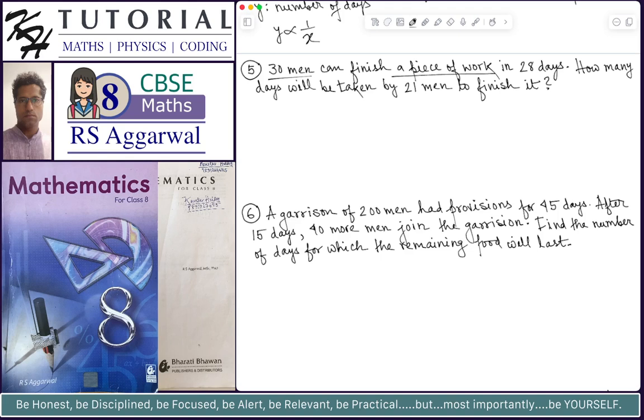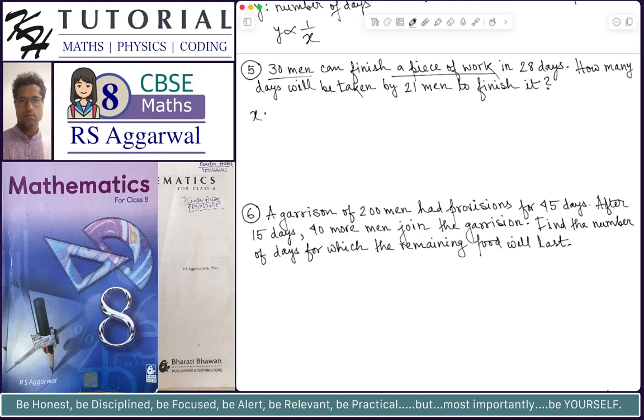So when the amount of work is constant, that is the work to be done is the same, then the number of men doing that work and the number of days required to do that work are inversely proportional to each other.